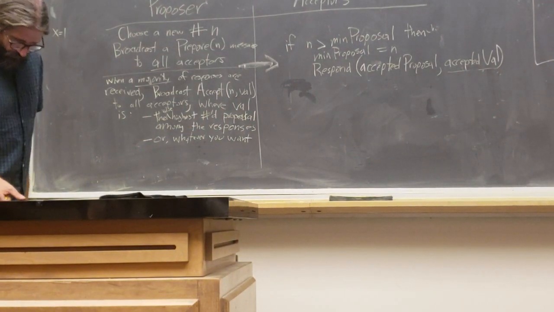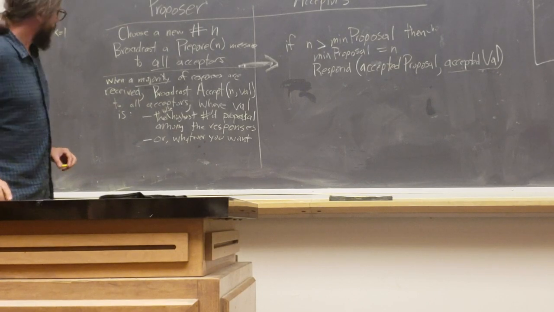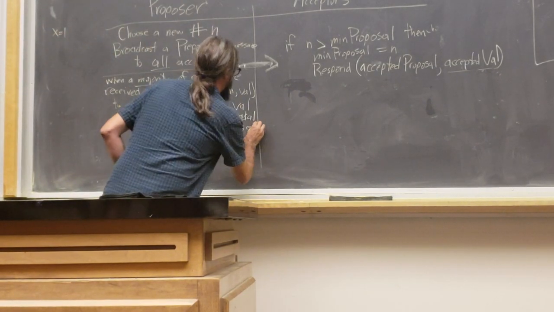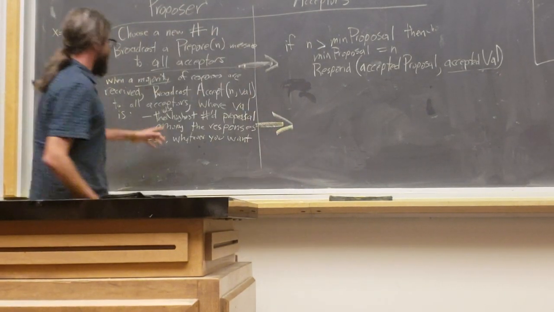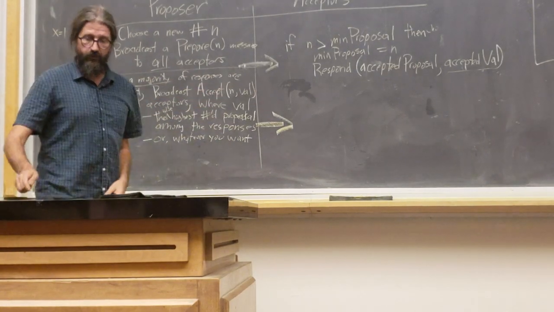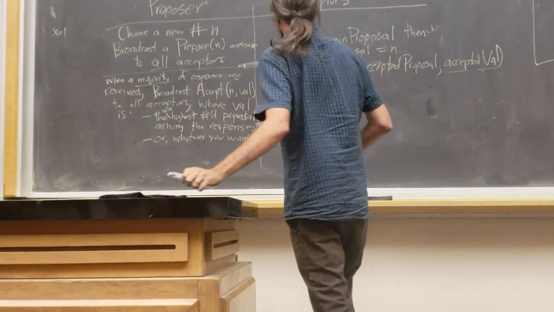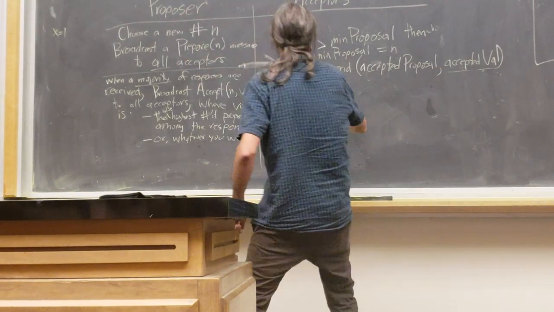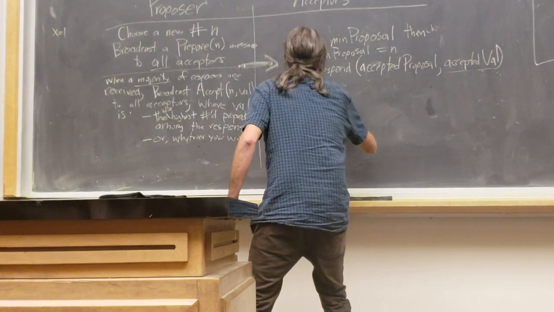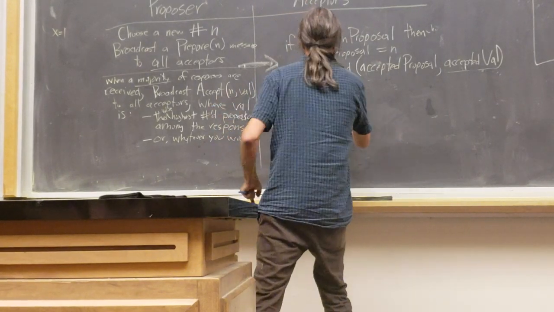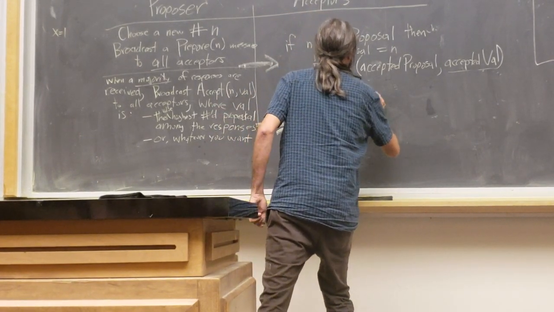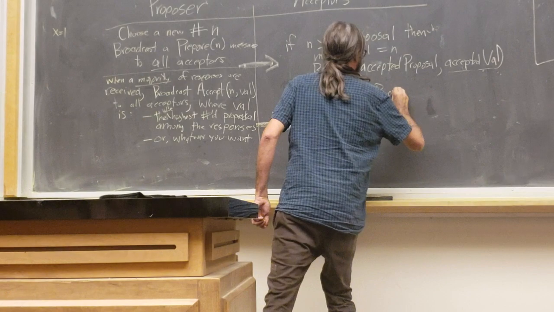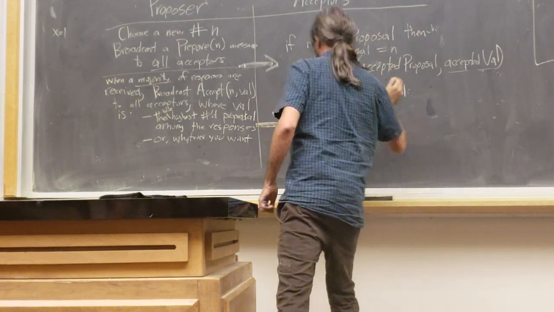Y'all wanted to see the whole protocol, so I'm going to write out the whole protocol. Okay, so obviously we've sent an accept, and now we've gone over to the control of the acceptors again. We're going to respond to the accept in the following way. If n, remember n came in this message too, is greater than or equal to min proposal, that's looking good.